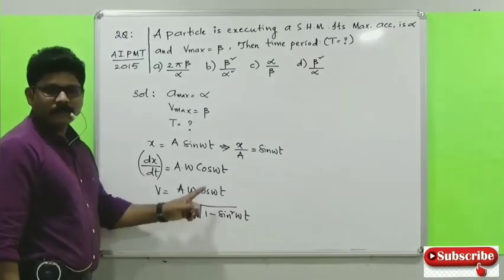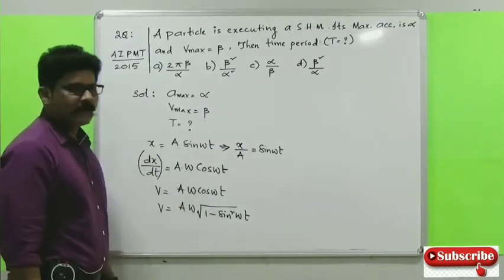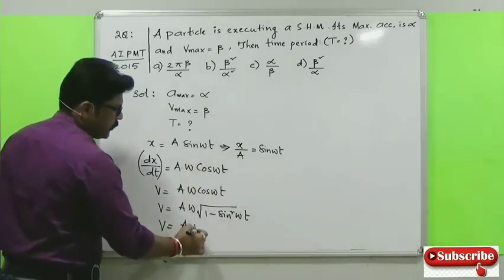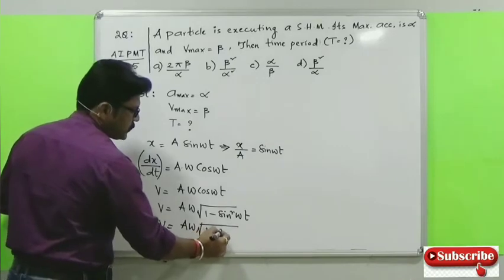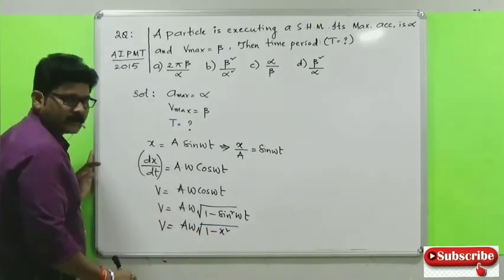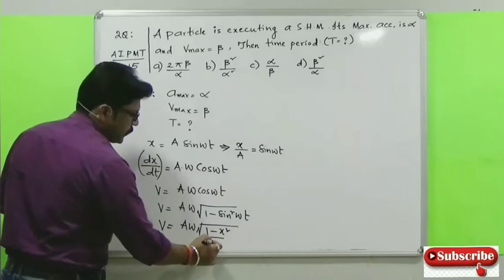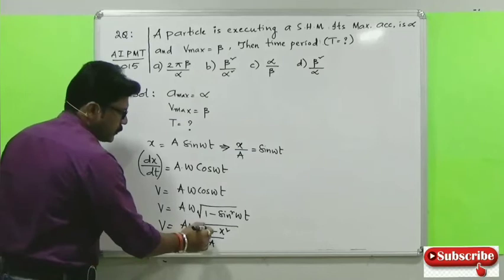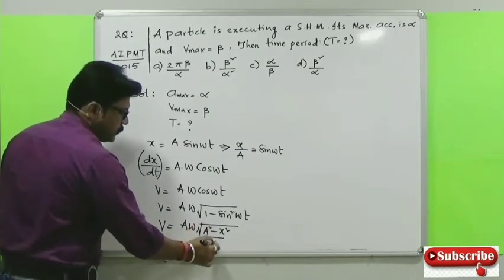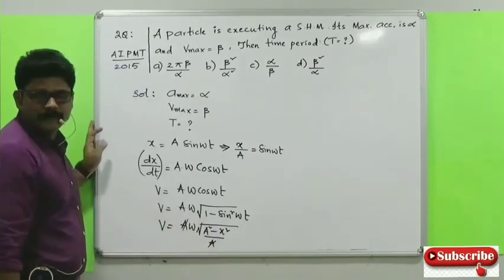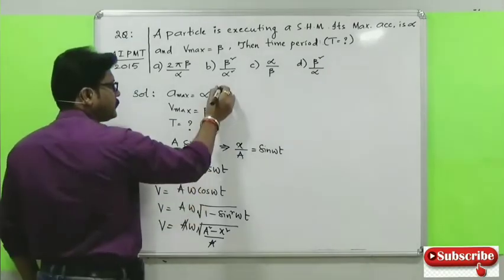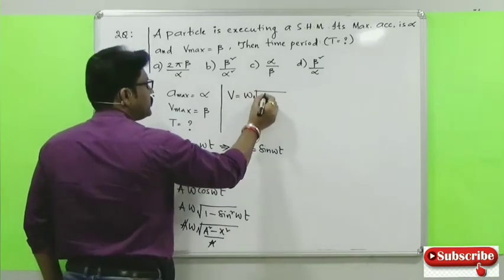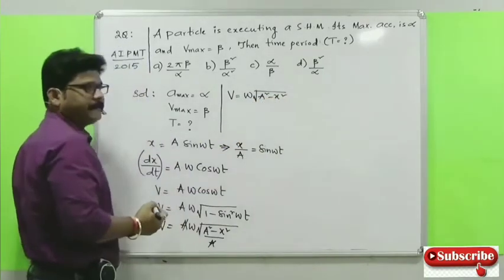Now if you substitute, v equals a omega under root of 1 minus x square by a square. Taking a square inside, these cancel. Now the velocity we got is v equals omega into under root of a square minus x square.